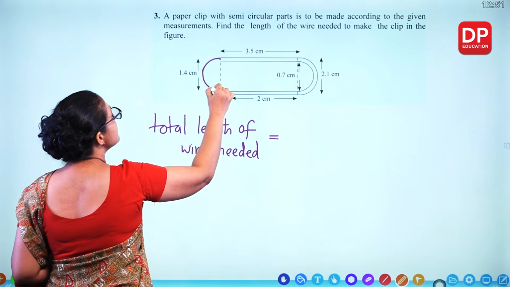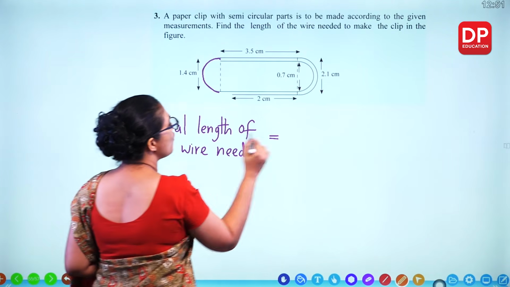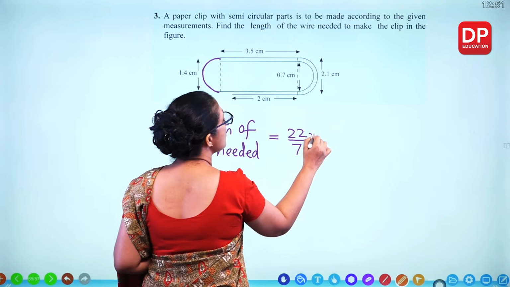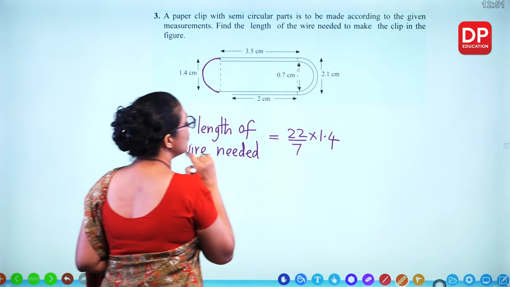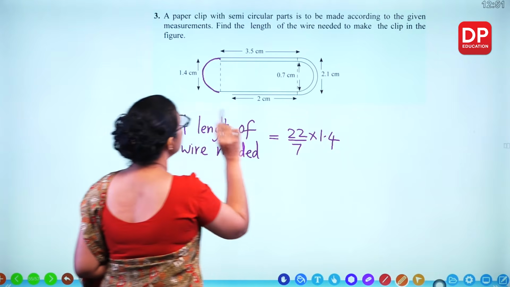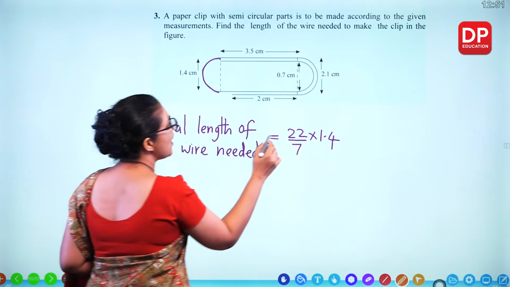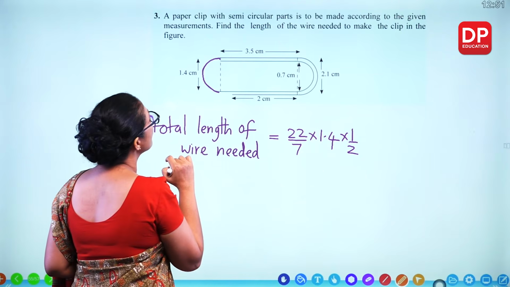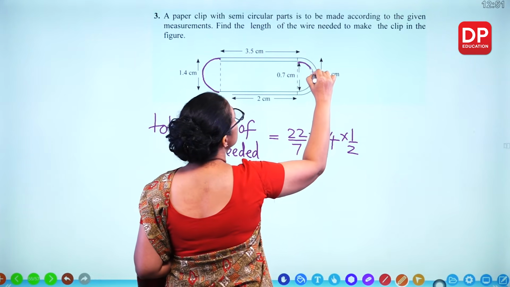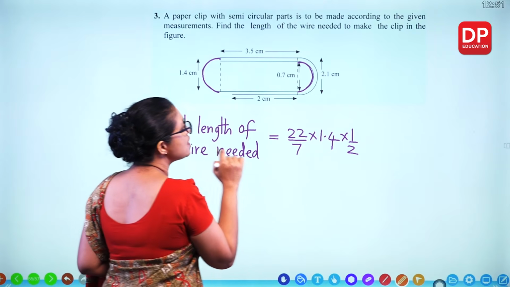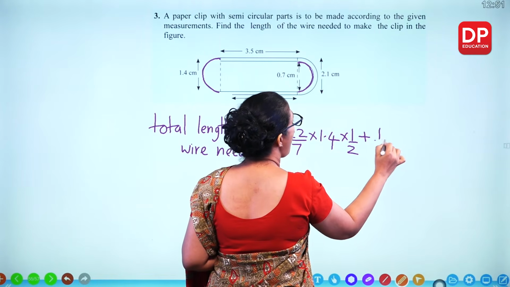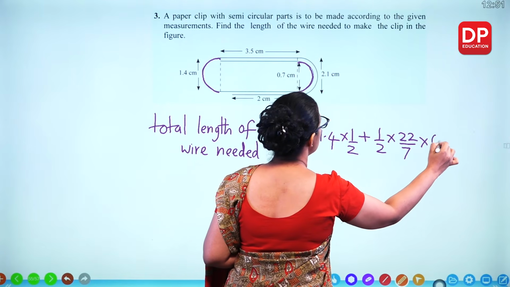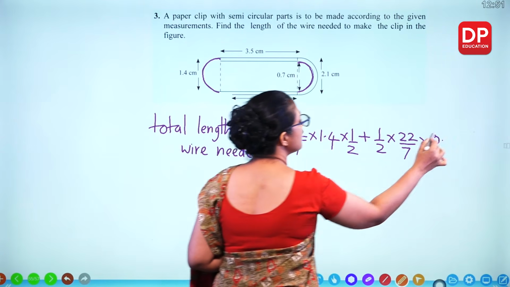This semicircle, the diameter is 1.4. So pi d, d is 1.4. And this is not a full circle, so multiply by half. This semicircle, the diameter is 0.7. So half pi, 22 over 7, d is 0.7.